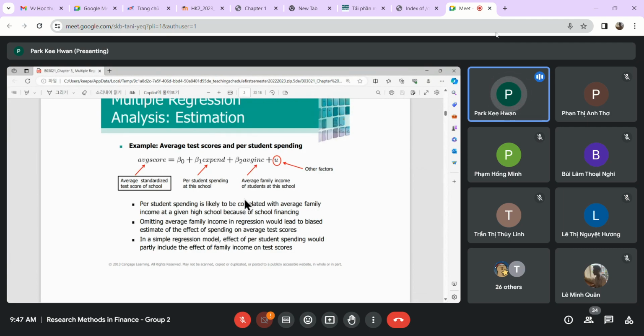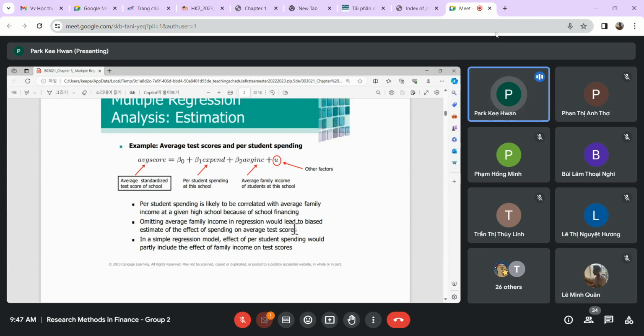In that case, in other words, when you omit average family income in your regression, you will have a biased estimate of the effect of spending on average test score.